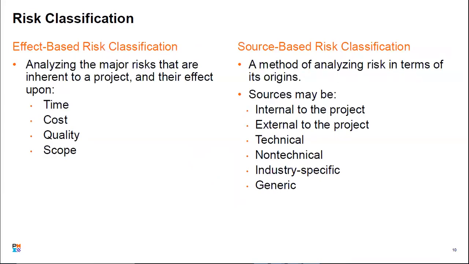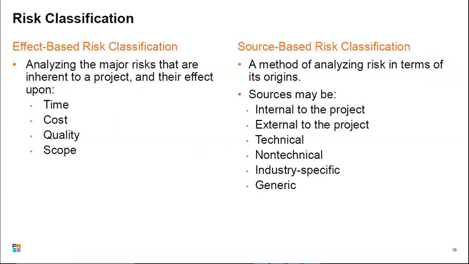Analyzing the major risks that are inherent to a project and their effects upon time, cost, quality, and scope is grouped as the effect-based risk classification system. When we're talking about source-based risk classification, we're talking about a method of analyzing risk in terms of its origin.